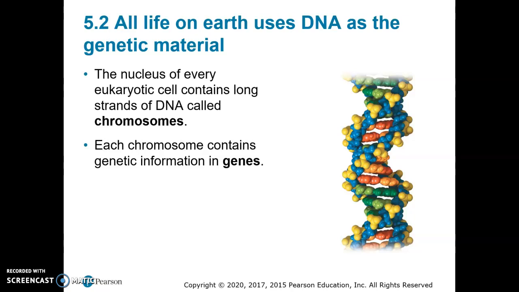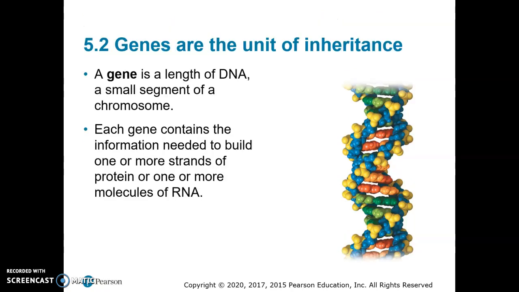When you look at our chromosomes, there are many recipes on our DNA, and each individual recipe is called a gene. It's a sequence of the DNA that will code for an actual protein. That's what DNA codes for, is protein. It also codes for RNA.